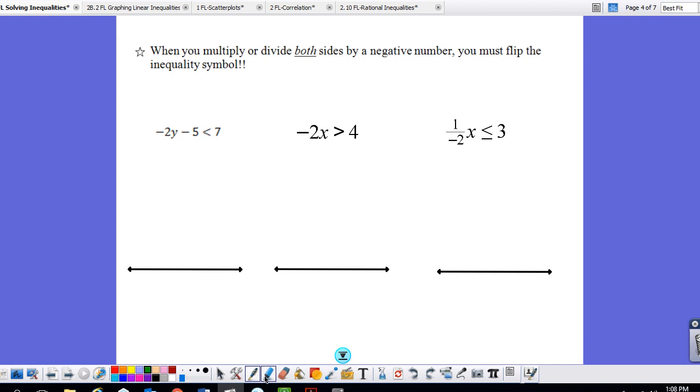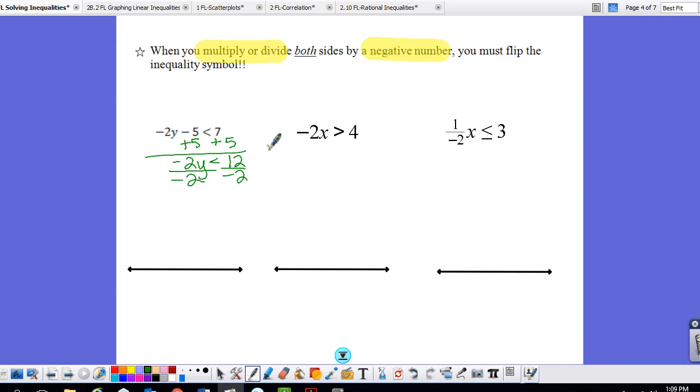We have to be careful when we multiply or divide both sides by a negative number. You have to flip your inequality symbol. So look at this first example. I would solve this by first adding 5 to both sides. So negative 2y is less than 12. But now I have to divide by negative 2.